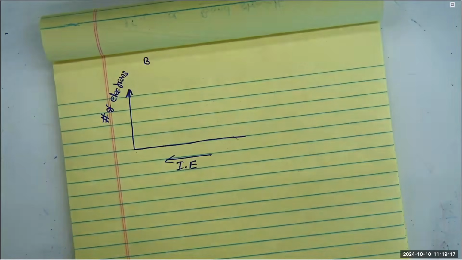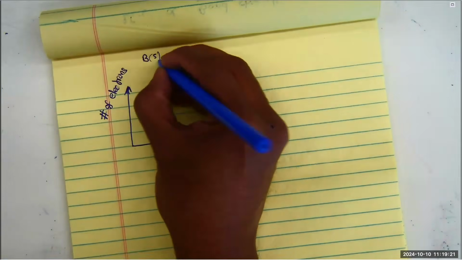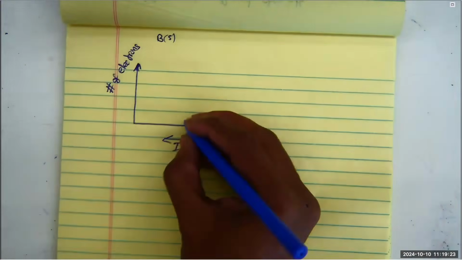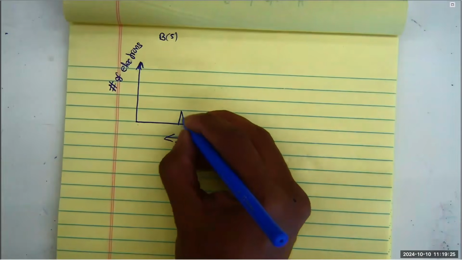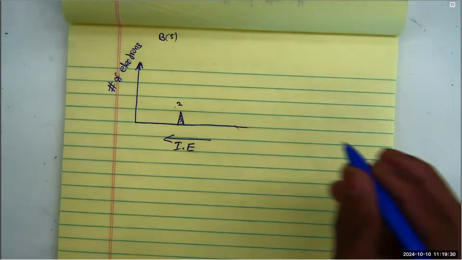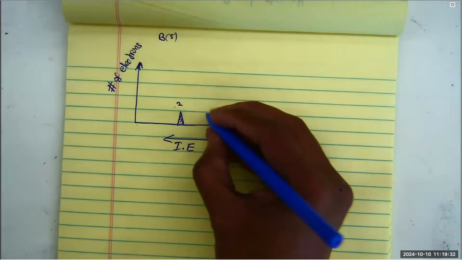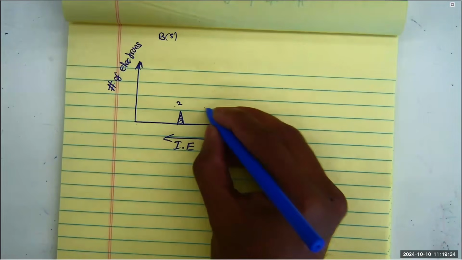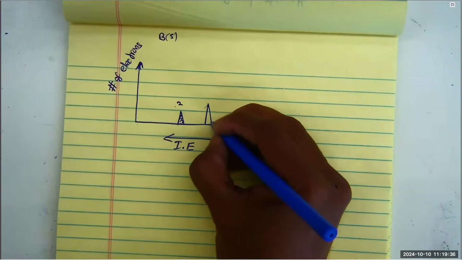So boron has how many electrons again? Five electrons. So the first two will be filled into the first shell, so two electrons in the first shell, and then in the second shell, you have three electrons. So I would draw something like this.